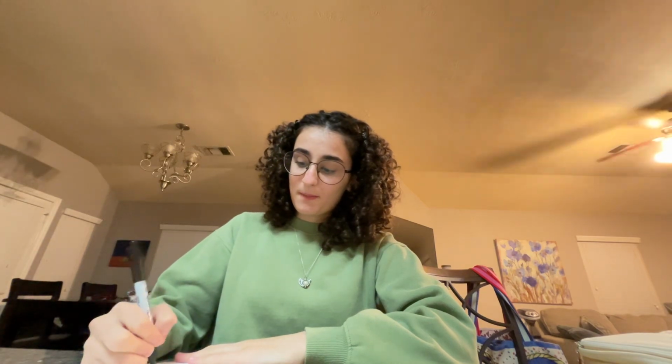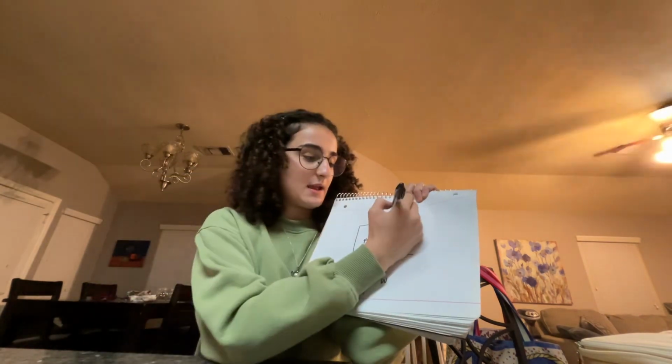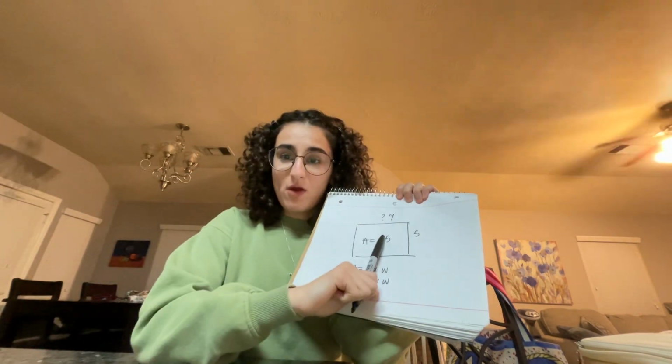So based off of our multiplication table, what should the width equal? 5 times what equals 45? 9. So we know that the width is equal to 9. W equals 9. So we know that 9 goes up here, right?